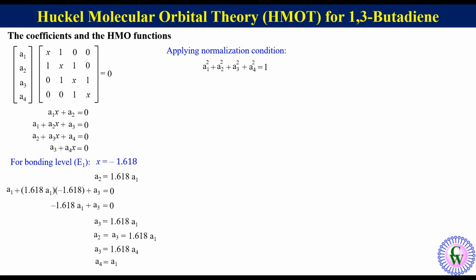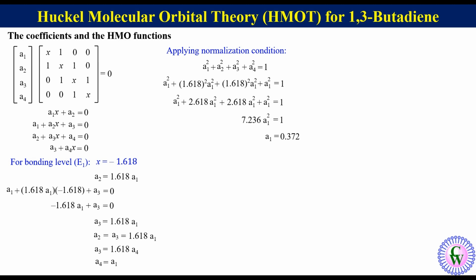Putting the values of A2, A3 and A4 in terms of A1 in this equation will give A1 square plus 1.618 square A1 square plus 1.618 square A1 square plus A1 square is equal to 1, or A1 square plus 2.618 A1 square plus 2.618 A1 square plus A1 square is equal to 1, or 7.236 A1 square is equal to 1, or A1 is equal to 0.372.